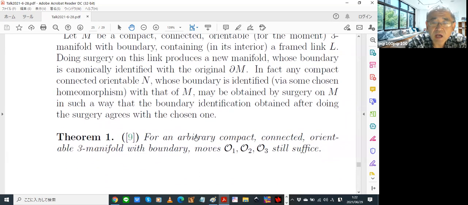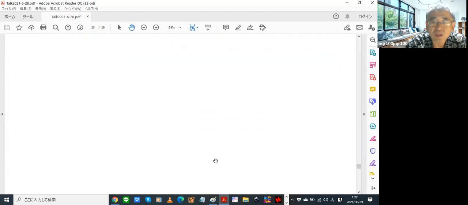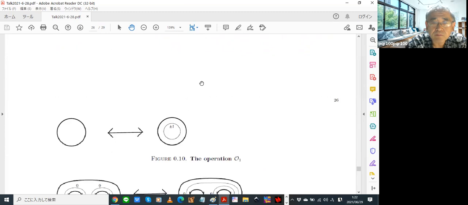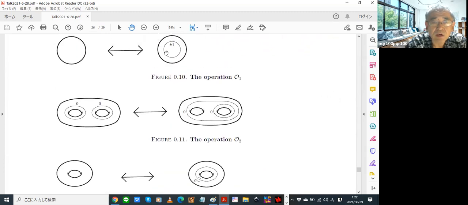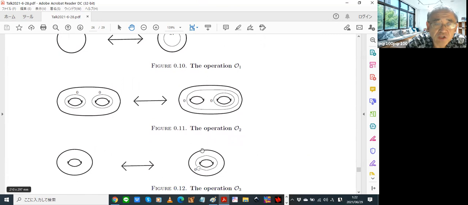For an arbitrary compact connected orientable three-manifold with boundary, moves O1, O2, O3 suffice. We need O3 in general.